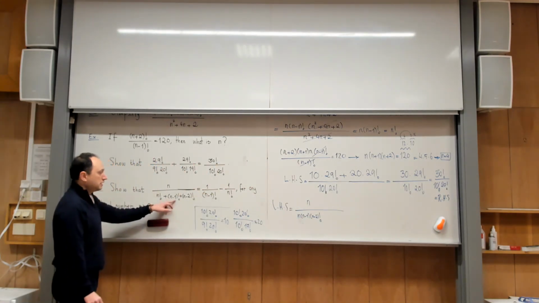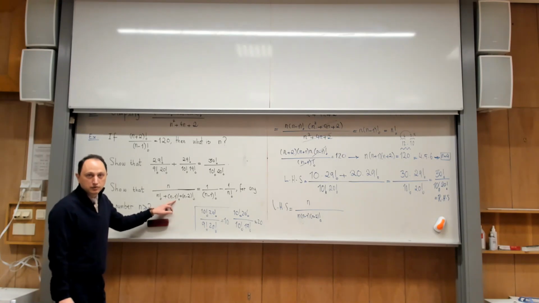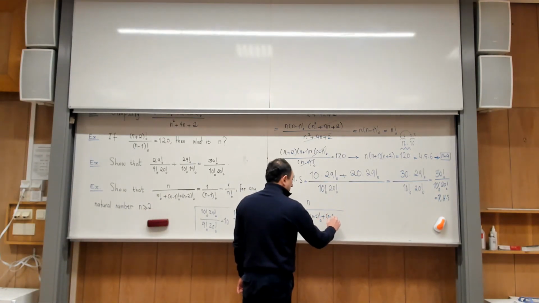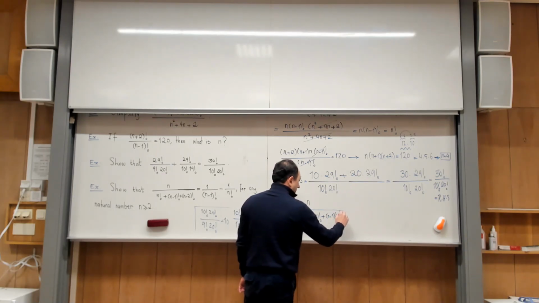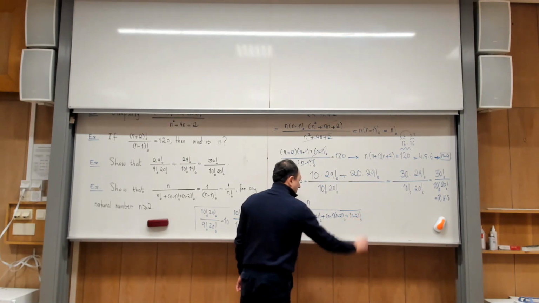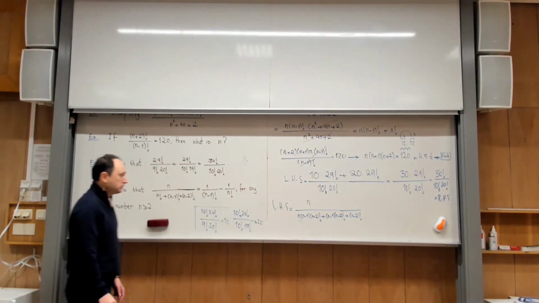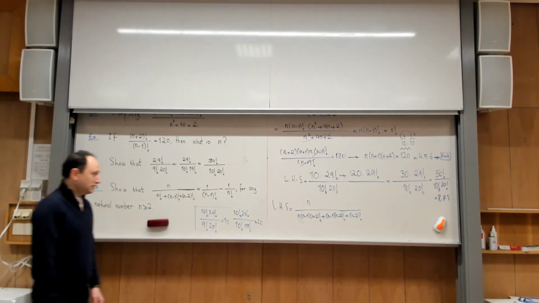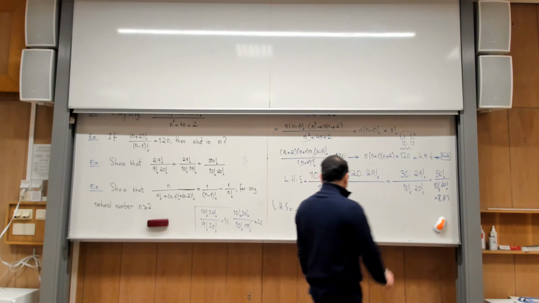And for n minus 1 factorial, I can use the same trick, yes? I can write plus n minus 1 multiplied by the previous number factorial. And I hope that you agree with me, we don't need to change anything at all for the third term. What was the goal? The goal is to make a common factor so that I can pull it out and hope for the best. Yes, let us see how it goes.